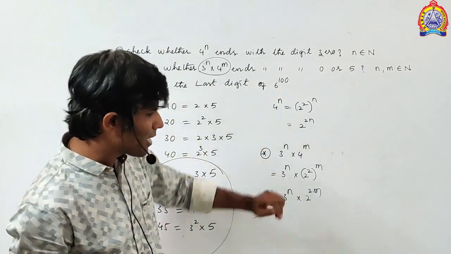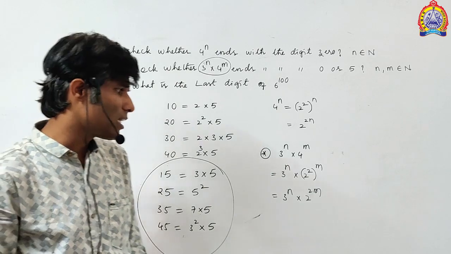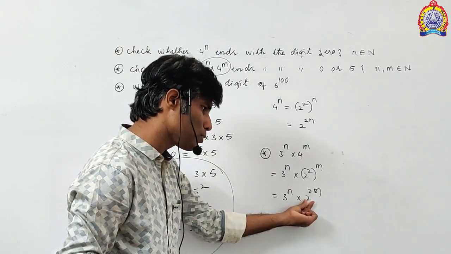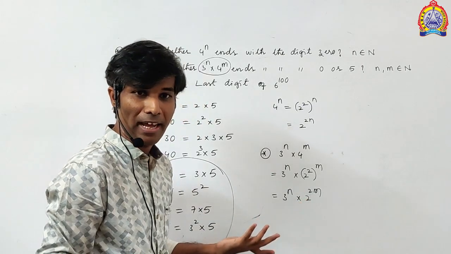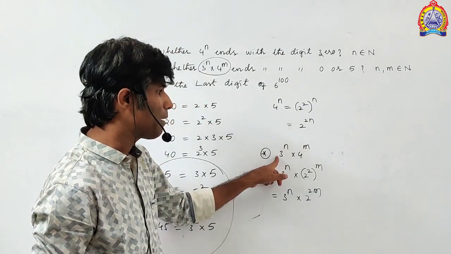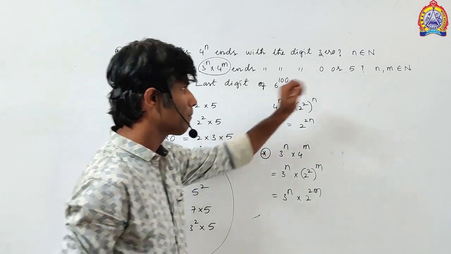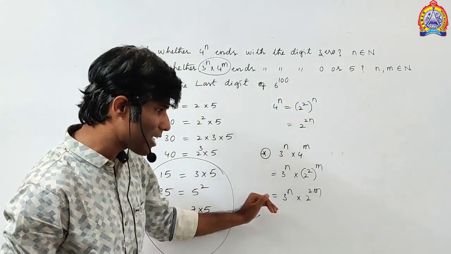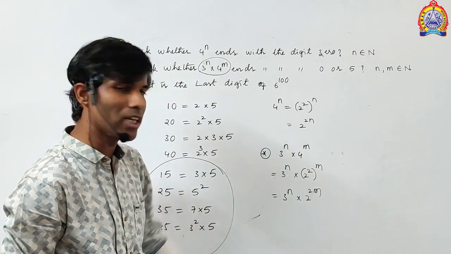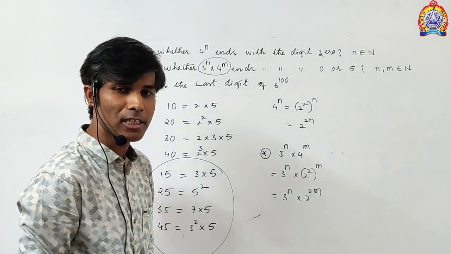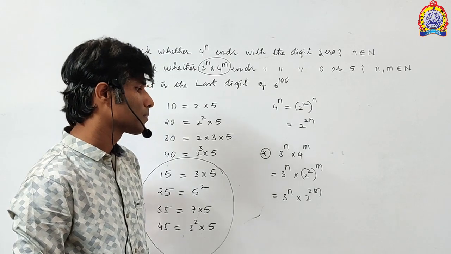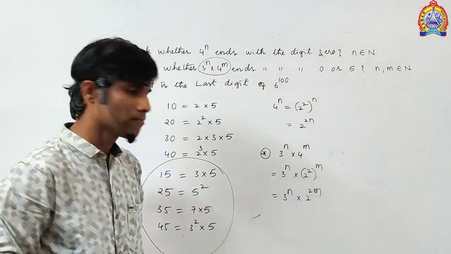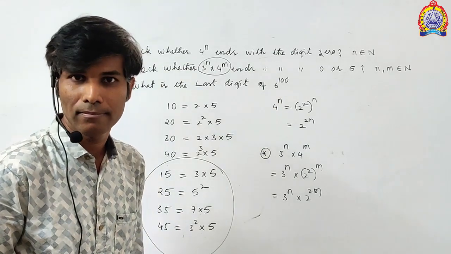In this prime factorization, we can observe that there is a prime factor 2 but not 5. Therefore, 3 power n into 4 power m does not end with the digit 0, because if the prime factorization includes 2 and 5, then only it ends with the digit 0. And one more thing, you can observe that in this prime factorization there is no 5.